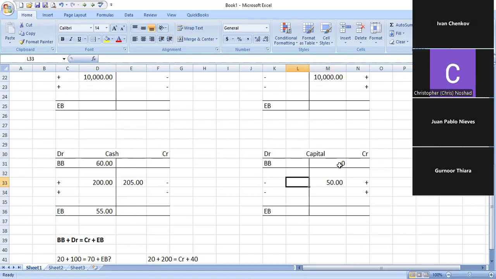So every time you pay the invoice, your liability is going down. So in the very beginning, if you haven't paid the bill, your liability will be $50. But once you pay, your liability is going to go down. Make sense?